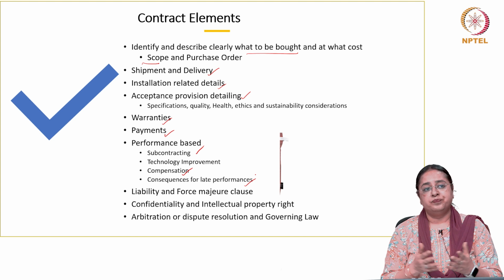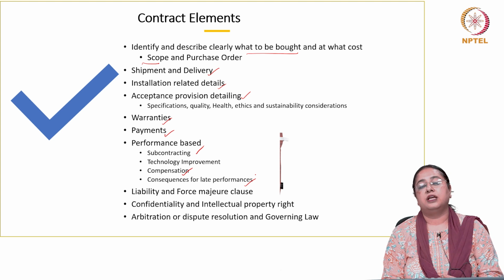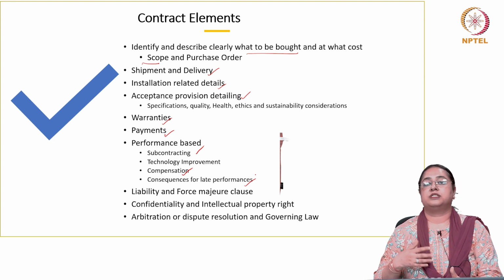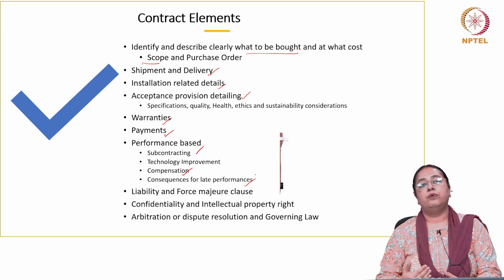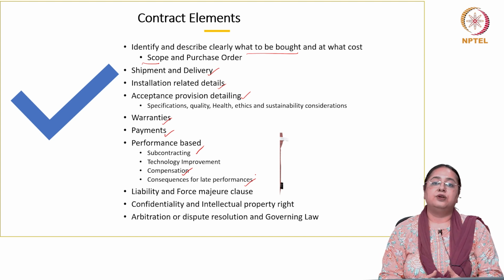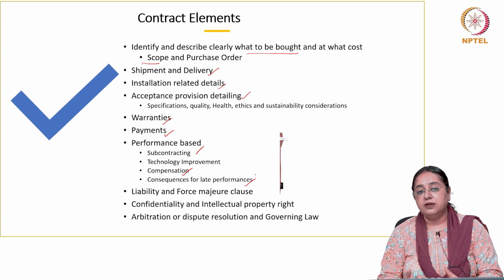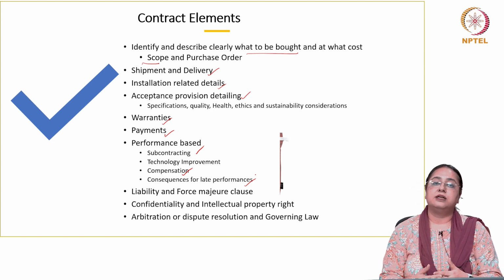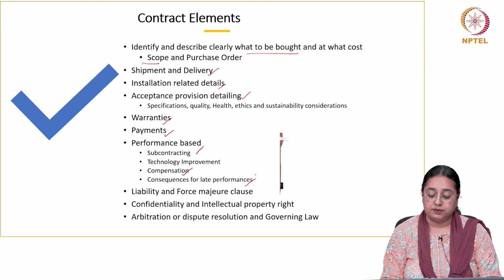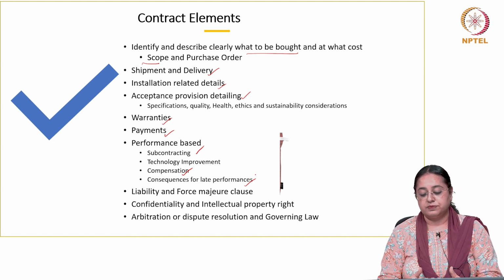For example, during COVID, most of the factories were shut, right? So when most of the factories were shut, they cannot make something, they cannot supply. So during COVID-19, this clause can be activated. This cannot be run in a similar situation of normal time. So this is called the force majeure clause.